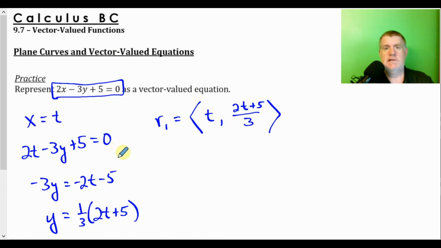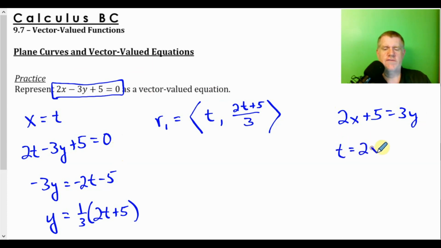You can let things equal anything. What I mean by that is, let's take this equation. I'll do another one. This time I'm going to add 3y to both sides from the beginning. So now I'm going to let t equal 2x plus 5, which means that I'm going to substitute 2x plus 5 for t.